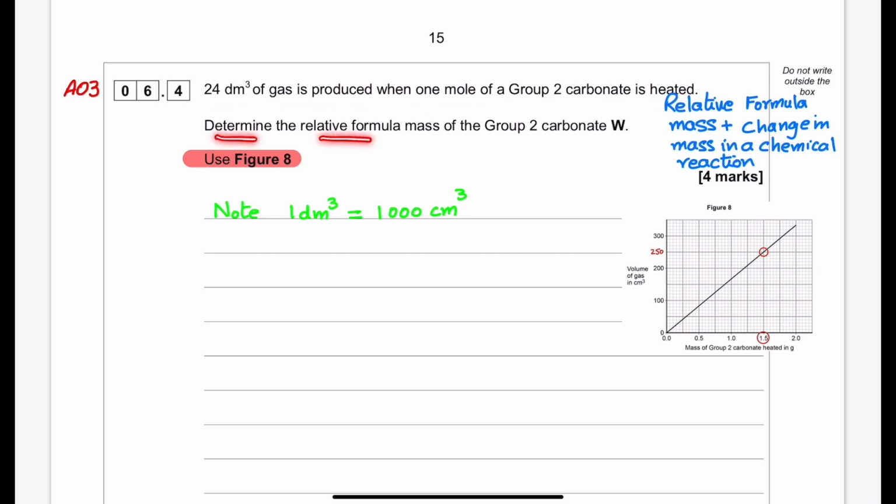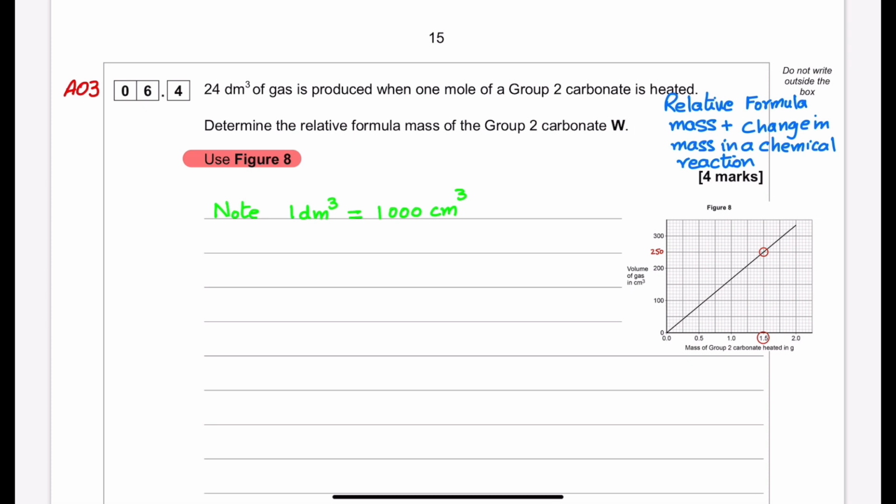Determine the relative formula mass of group 2 carbonate W. So you need to find the relative formula mass of an unknown group 2 metal carbonate, named W. Use figure number 8, which is already used in 6.3, and my values are given there.